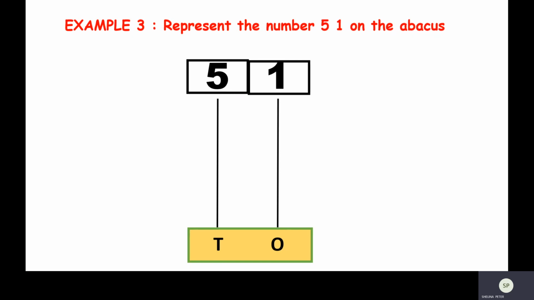At 1's place, how many beads will you use? Only 1 bead. Very good. And what will you use at 10's place? How many beads? Absolutely correct. 5 beads: 1, 2, 3, 4, and 5. So this is how we'll represent the number 51 on the abacus.